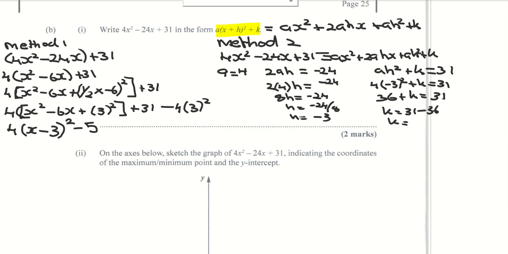So k is equal to minus 5. So therefore, we can say, let's put the answer in blue, that 4x squared minus 24x plus 31 is equal to 4 open bracket x minus 3 squared minus 5. And that would be your answer for B part 1.